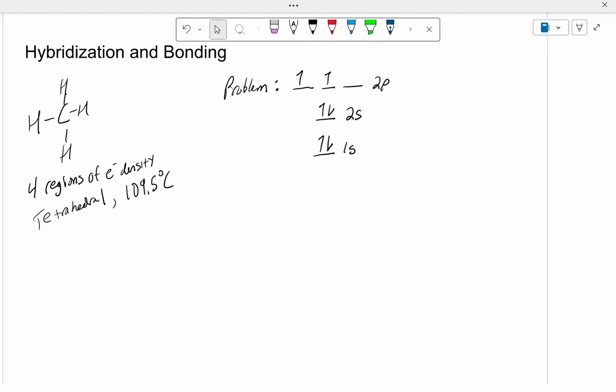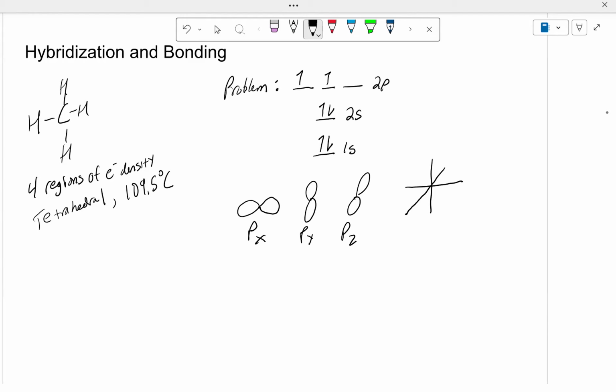How are those p orbitals arranged in relationship to each other? Well, you have a px that would lie on the x-axis, a py that would lie on the y-axis, and then a pz, just pretend that that's coming out at you, along the z-axis. That would literally form an axis like this, so you have your x, your y, and your z.